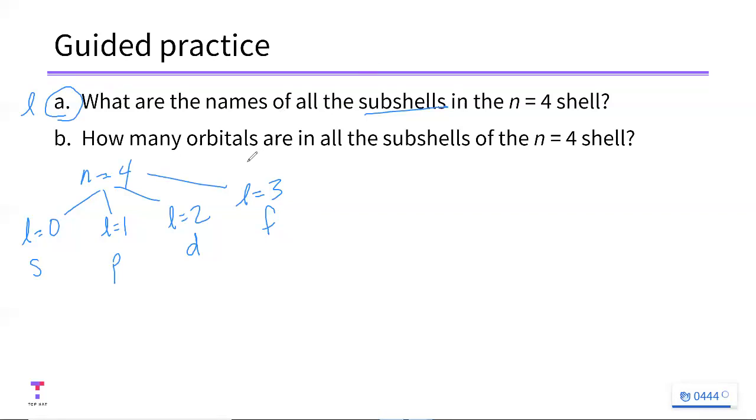For the second question here, how many orbitals are in all of those subshells? The orbital quantum number is the magnetic quantum number, m sub L. So what we need are m sub L values for each of these. For L equal to 0, m sub L is going to be 0 also. Remember, m sub L ranges from negative L to positive L. For the P sublevel, m sub L starts at negative 1 and goes all the way to positive 1.